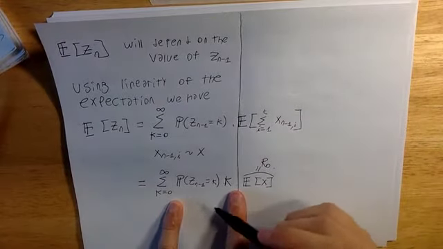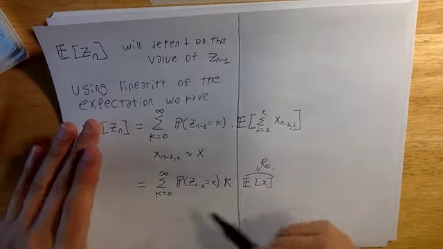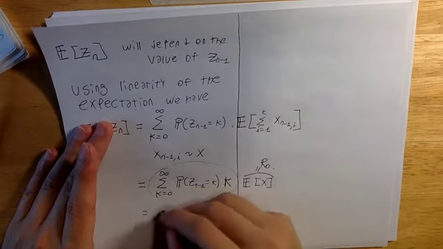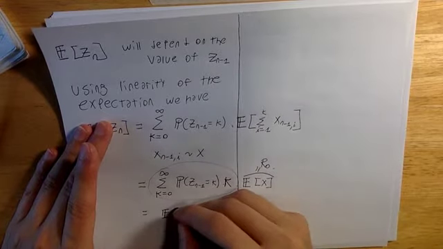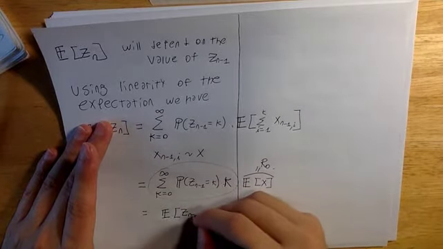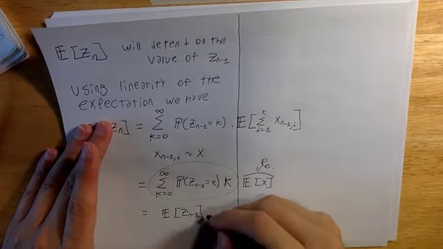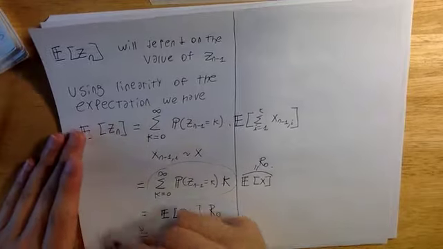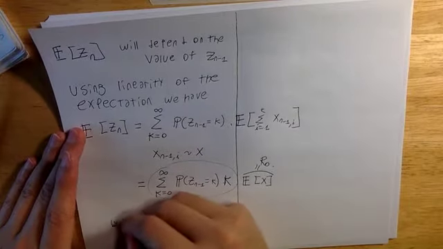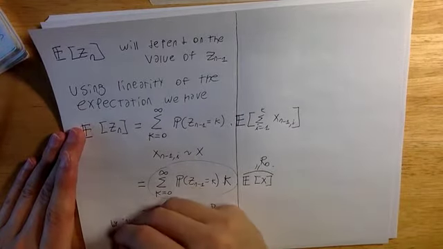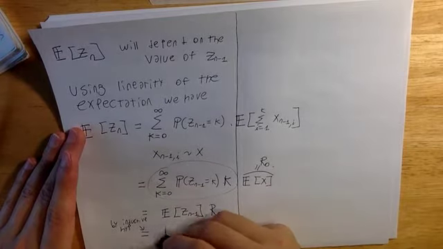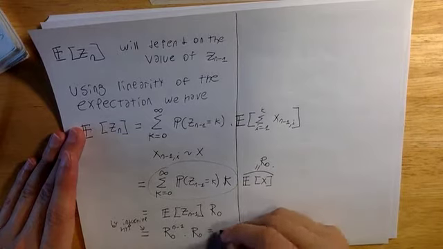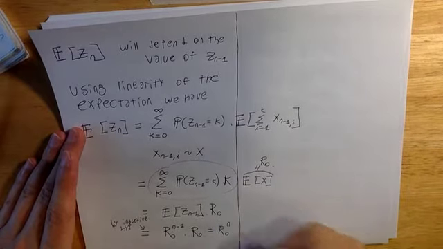So this is independent of the sum over k, and this thing here is just the expectation of Zn minus 1 times R0, which by inductive hypothesis is equal to R0 to the n minus 1 times R0, which is equal to R0 to the n.